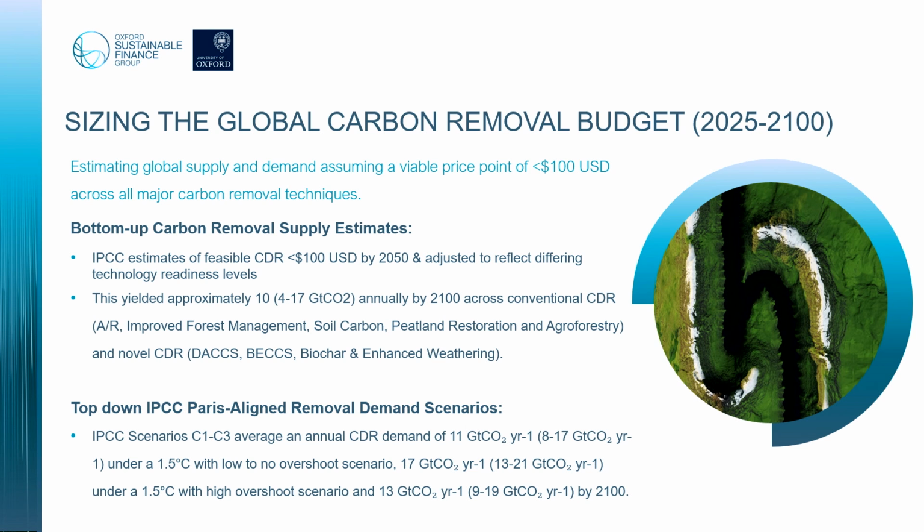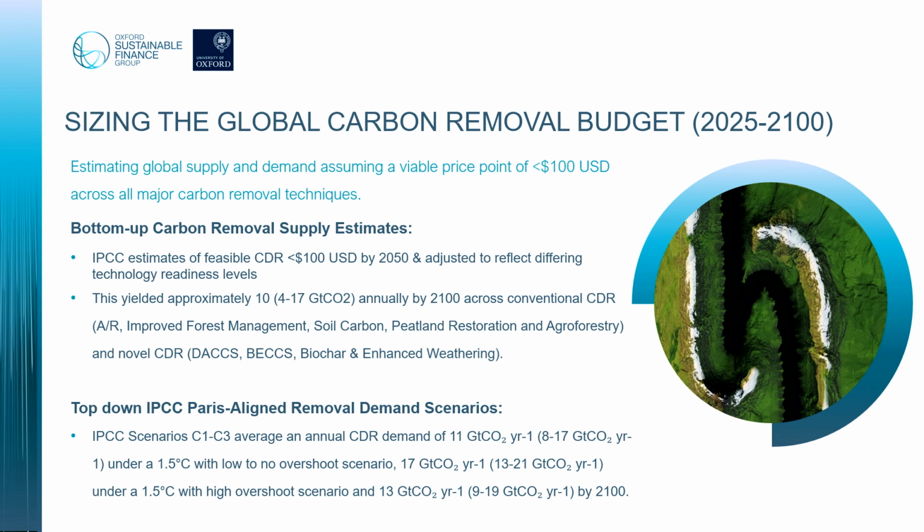And we also adjusted it to reflect different technological readiness levels. This yielded, as many would appreciate in the room, a big range. And this is because it also spotlights the need for further granular data and analysis to develop over time. We also looked at a number of different pathways, but as we'll unpack, it's possible, again, to conceptualize a carbon removal budget for any given pathway.